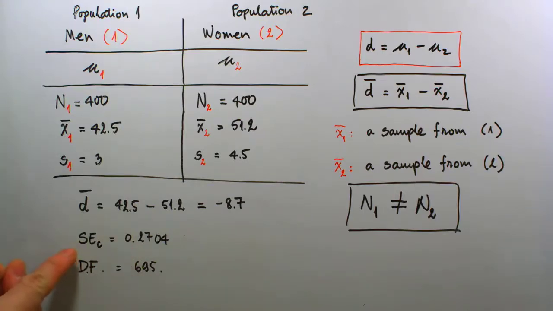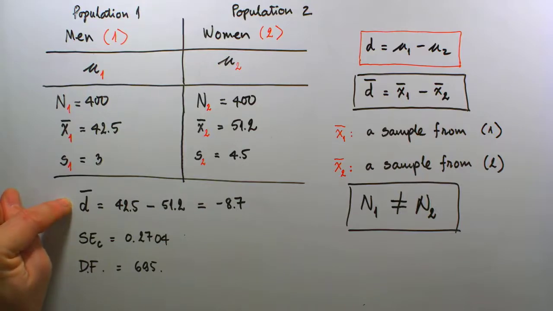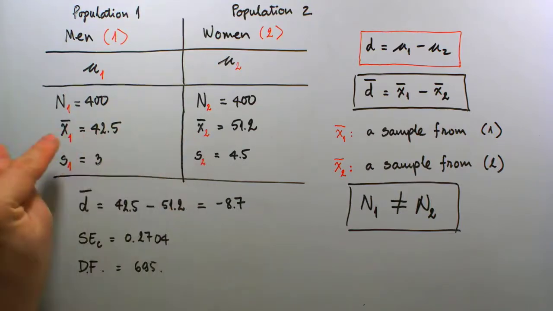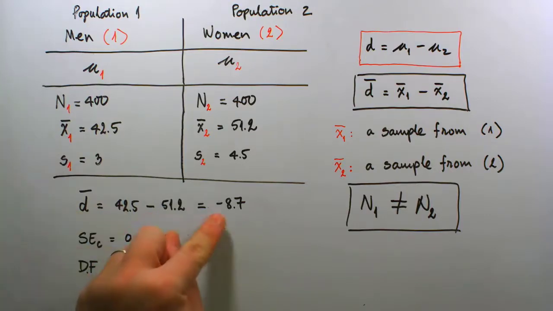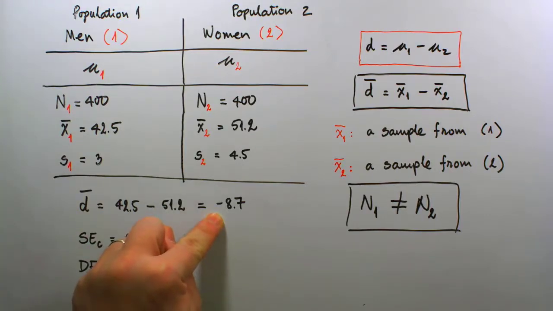So SEC, the combined standard error, is 0.2704, and the degrees of freedom is 695. So we will use this information shortly, but right now, this is what I said earlier, that we have had for ourselves the sampling information. So consequently, we have already had this D bar value easily computed as minus 8.7.